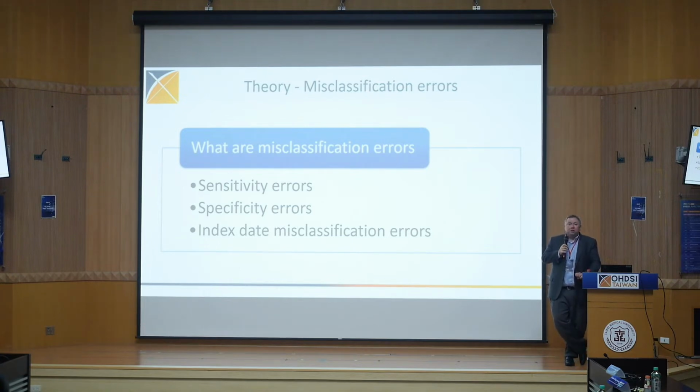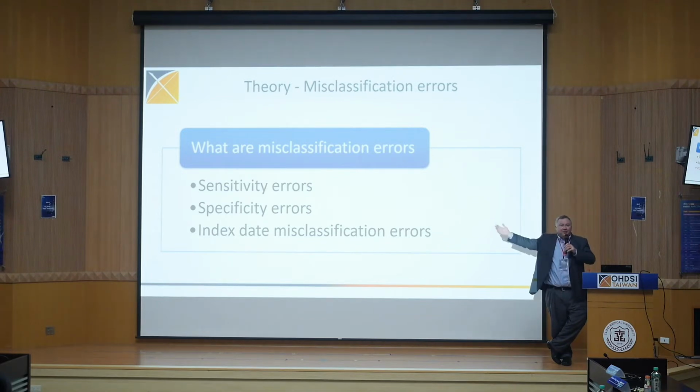All of these errors can impact our ability to generate reliable evidence. If we have sensitivity errors, that means we're not finding all of the people who have the events of interest. So if we are interested in studying how often do people who are new users of lisinopril go on to have myocardial infarction, it's very important that we know we're finding all of the myocardial infarctions.